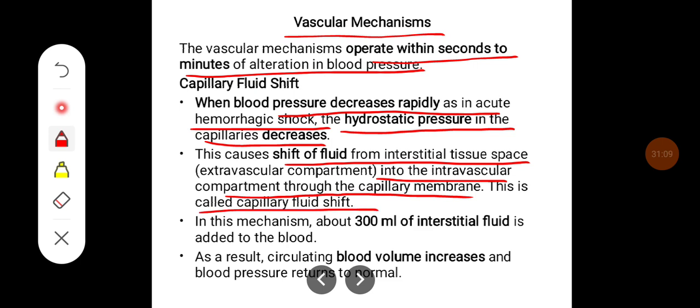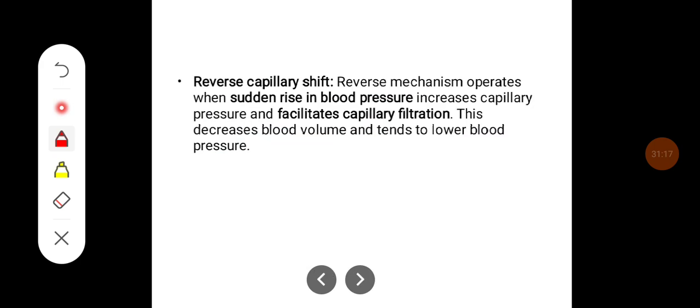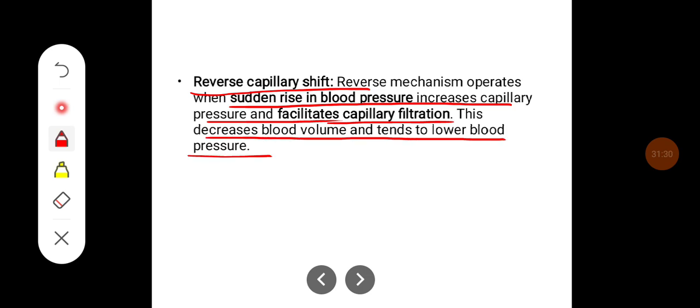In this mechanism, about 300 ml of interstitial fluid is added to the blood. As a result, circulating blood volume increases and blood pressure returns back to normal. The reverse mechanism operates when a sudden rise in the blood pressure increases the capillary pressure and facilitates capillary filtration. This decreases the blood volume and tends to lower the blood pressure.